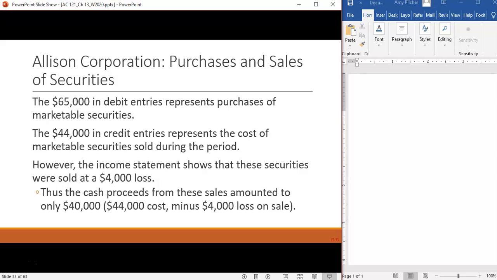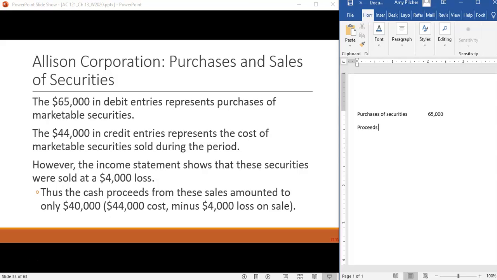So what were the cash transactions? We had purchases of securities of $65,000. We have proceeds from sale of $40,000.